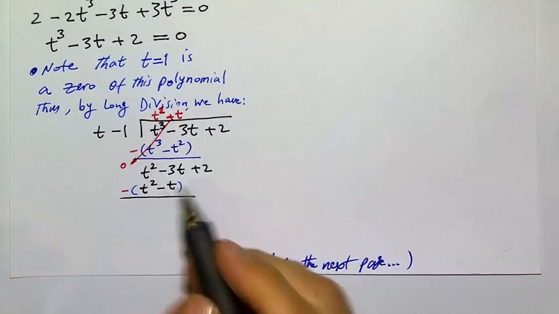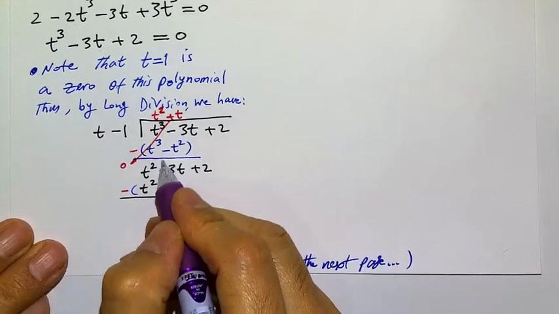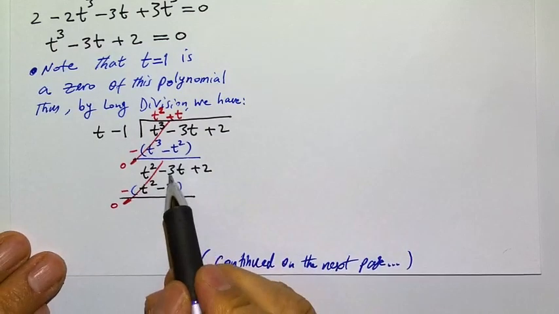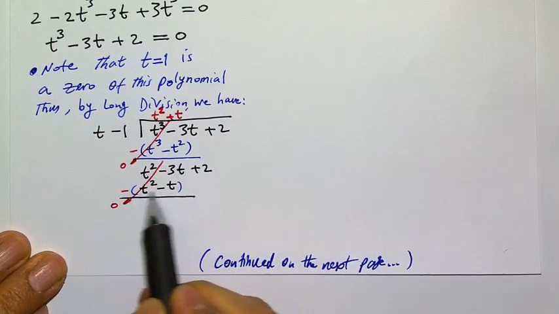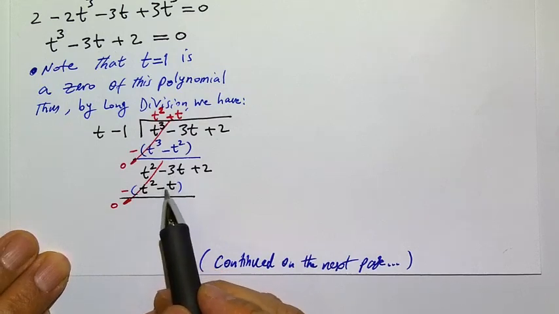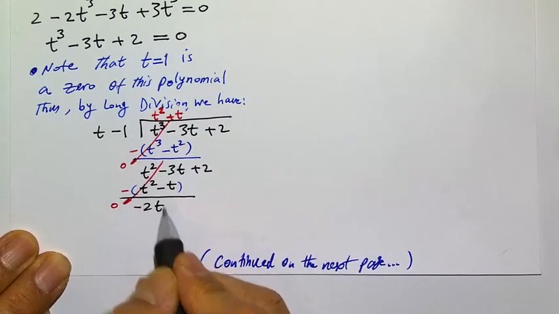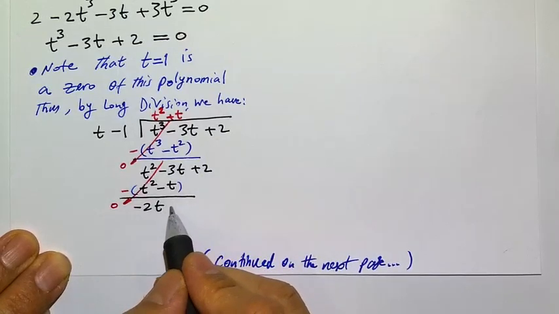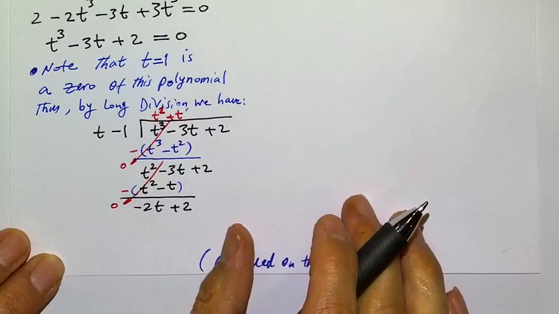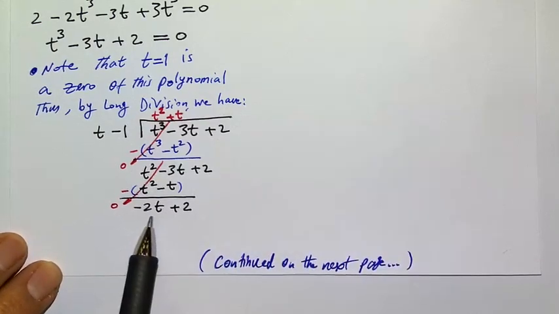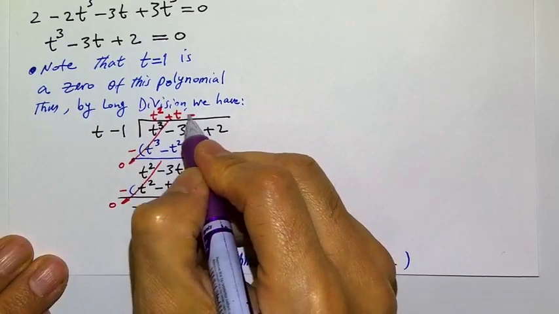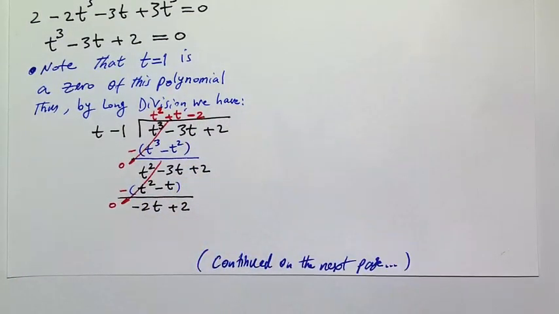Once again, t squared minus t squared, we get 0. And then minus 3t minus minus t will be positive t. So add that to minus 3t, we get minus 2t plus 2, of course. Right? There's no constant to subtract from that, so we just write it down. So to get minus 2t from this, all we have to do is add a minus 2 up here.